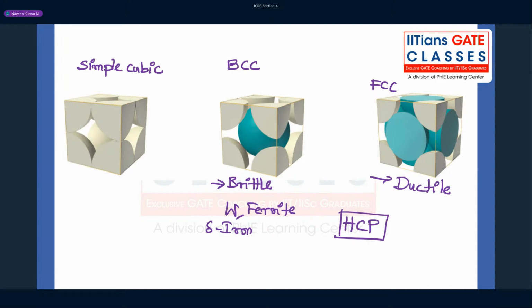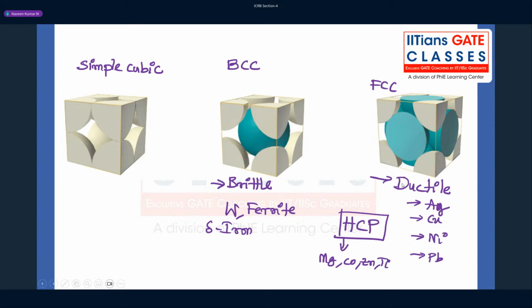There are so many materials like this. Ductile ones are silver, Ag, copper, nickel, lead, Pb. For HCP, you have to remember magnesium, cobalt, zinc, titanium. All these are HCP.